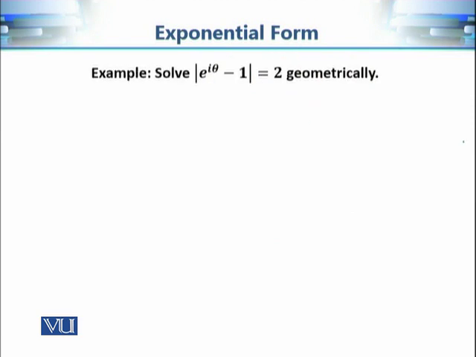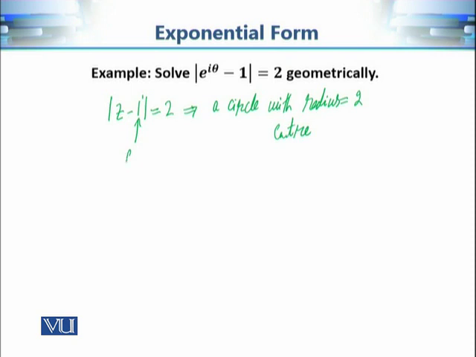Now let's use our knowledge of exponential form to solve this equation. We know that if we are given modulus of Z minus 1 equal to 2, then this is a circle with radius equal to 2 and center, this point, which in this case is (1, 0).